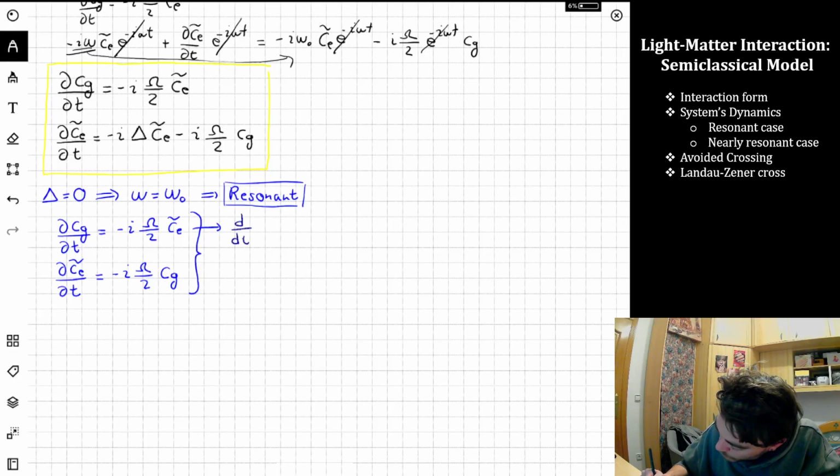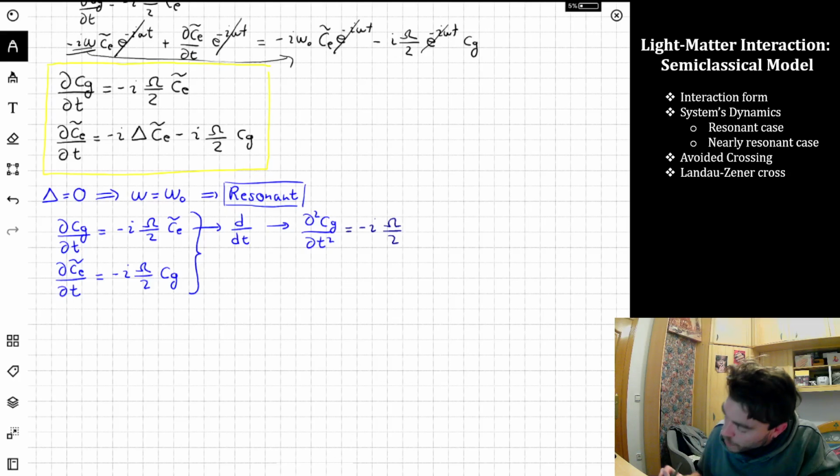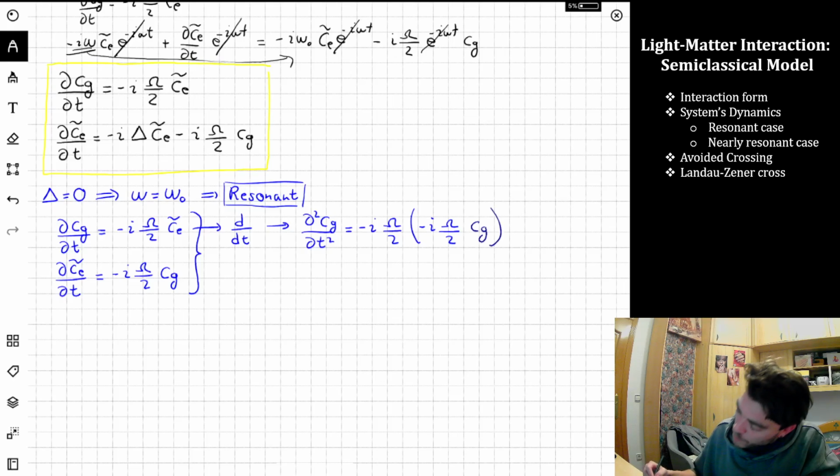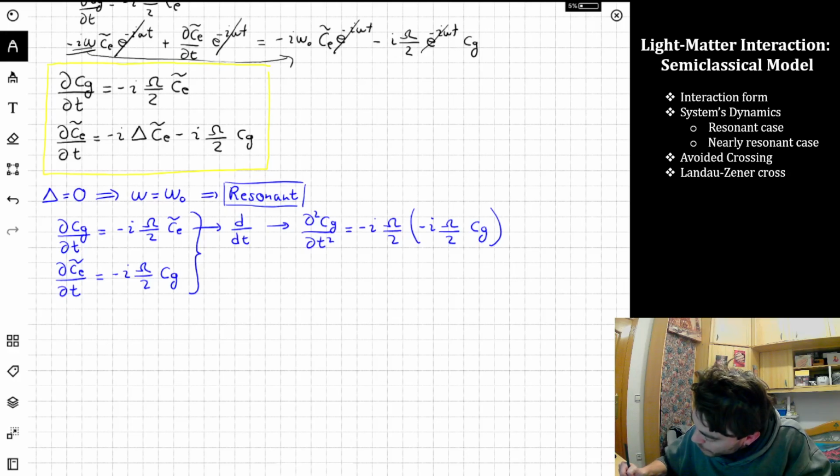We do the derivative with respect to time of the first, for example, and then we get the second derivative of Cg with respect to time twice is equal to minus I omega over 2 times the derivative of Ce, but we can just use the second equation to decouple it, because now this equation only depends on one of the things we want to know, which is Cg, and this is simply minus omega divided by 2 squared Cg.